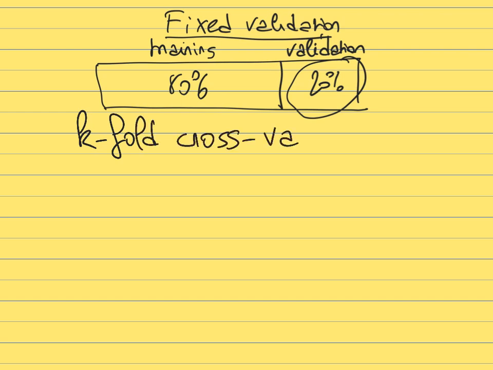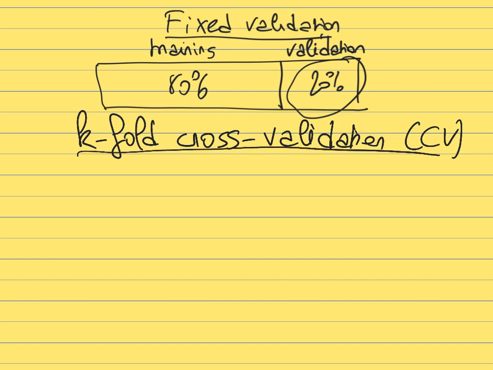K-fold cross-validation is a technique that allows you to validate the ability of a given model to generalize, to optimize the degree of complexity of a model, but without having the arbitrariness of selecting a fixed validation set, which potentially might not be representative of the entire data set.